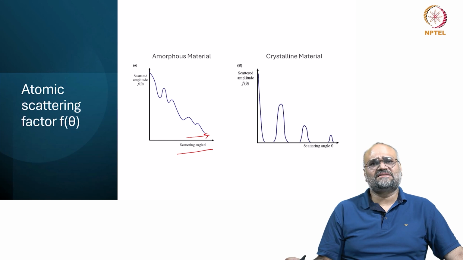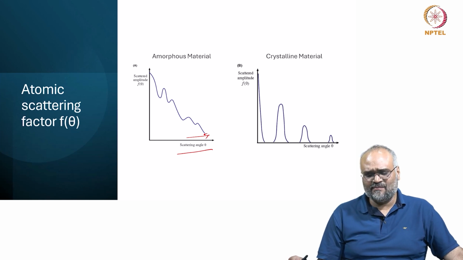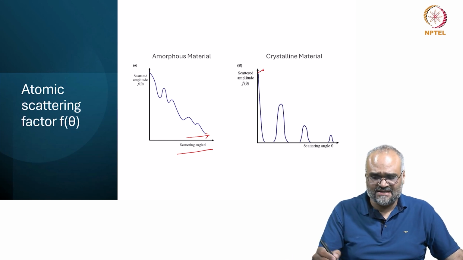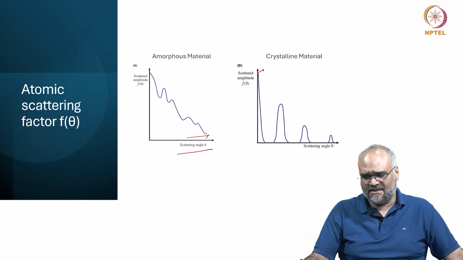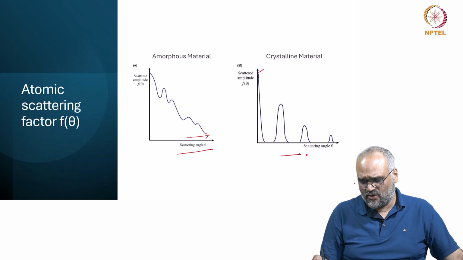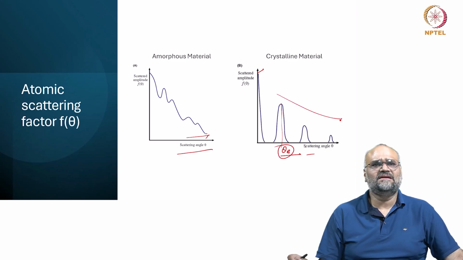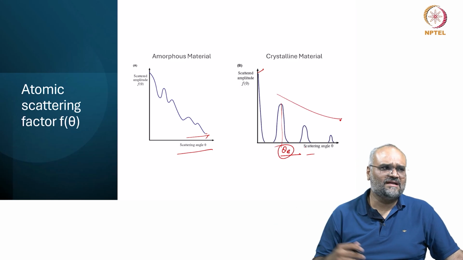Whereas when I have a crystalline material, the scattered amplitude is always maximum at the direct beam or the central beam, which is along the optic axis of the microscope, and then as I go further away, depending on the scattering angle, these are where my Bragg's angles are being satisfied. The intensity gradually dies out as I go farther and farther.